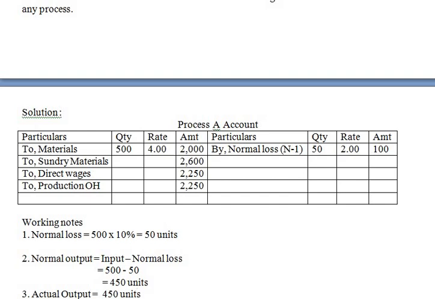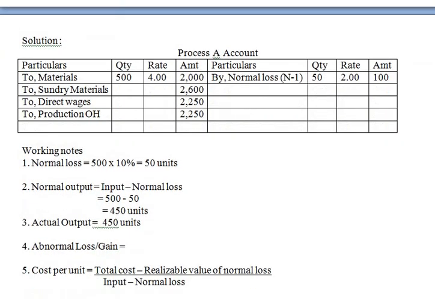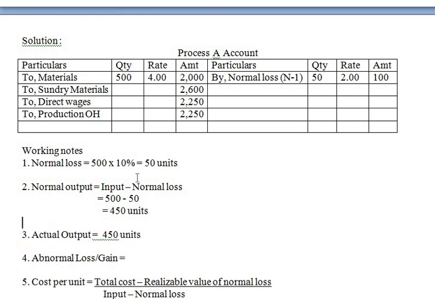450 units, as normal output as well as actual output. Normal output and actual output is same. Okay, so there is no abnormal loss or abnormal gain. Whatever difference between normal output and actual output we get, either there will be gain or loss.